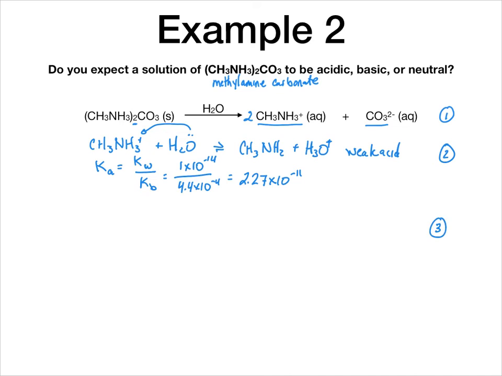Step 3, I need to do the same thing with the anion. So I have CO3 2 minus plus water. This is an anion, so it's the base. Base takes the proton. Now, notice I'm only going to take one proton.